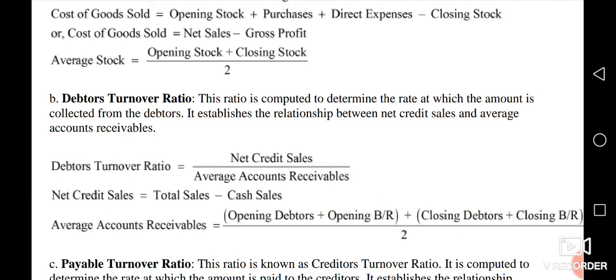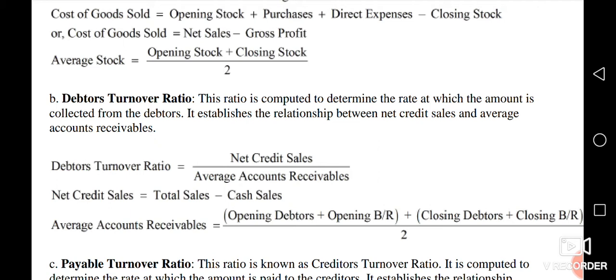Debtors turnover ratio equals net credit sales upon average account receivable.